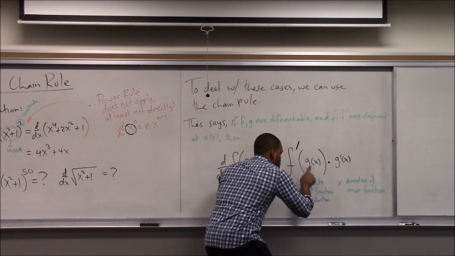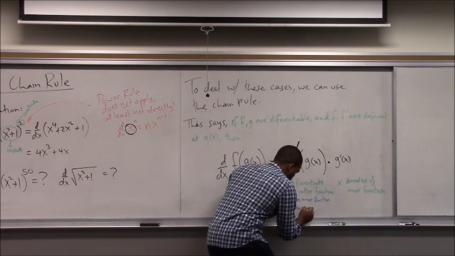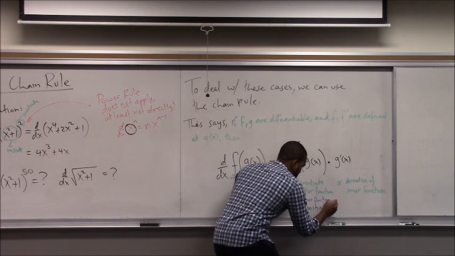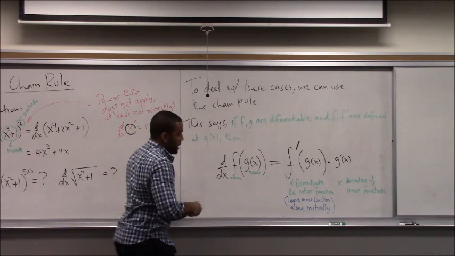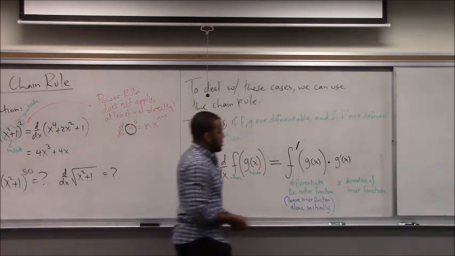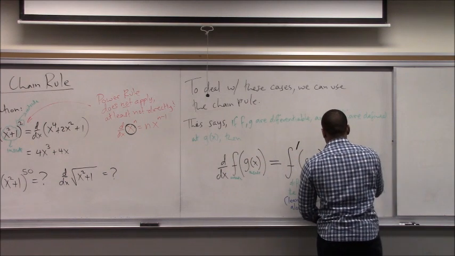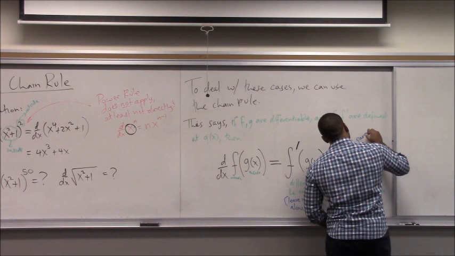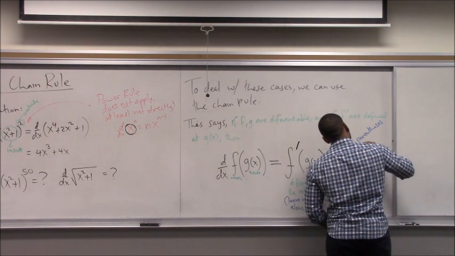Sometimes I see people start to do the derivative inside here. You're supposed to leave the inside alone initially. You take its derivative afterwards. And of course, you might have to do parentheses here as well, if you have several terms in the g.